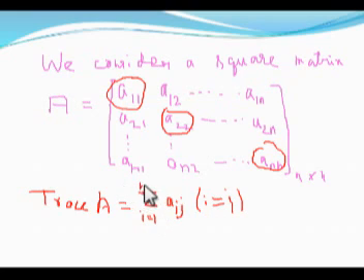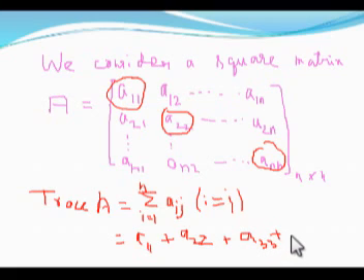So if we write it without summation, it will be A11, A22, A33, and if it is of nth order, then the last element will be Ann. This is the trace of the matrix.